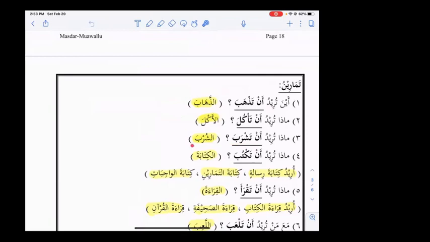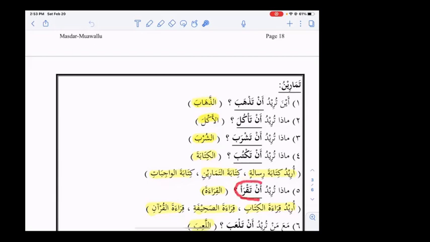Maza turidu shurba. Maza turidu an taktuba. Maza turidu al kitabata. So you can say uridu kitabata risalatin, wa kitabata al tamarini. Maza turidu an taqra'a.